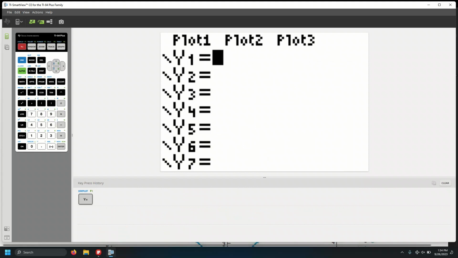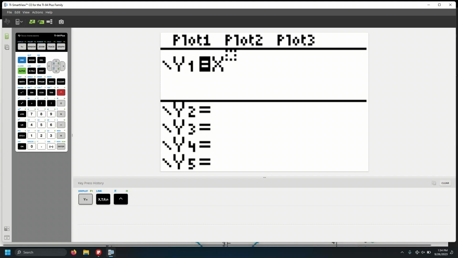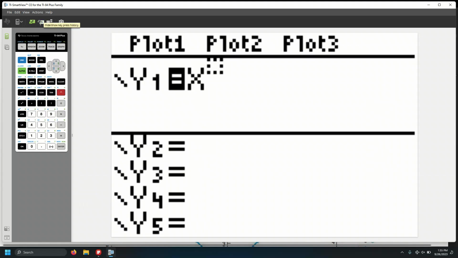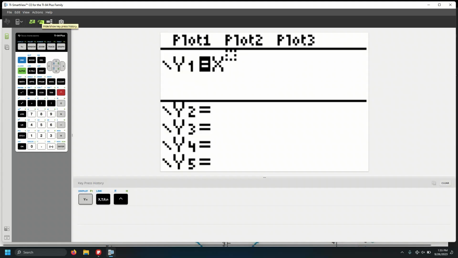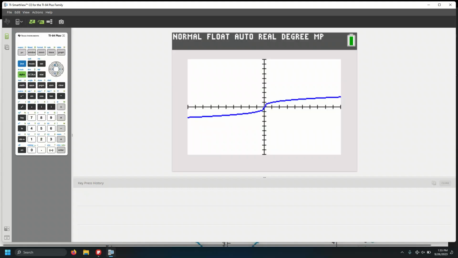So x raised to, no, it's still going to do the power anyway. I don't think there's a, no. Anyway, let me change my version back to the CE. Oh, come on, it's not changing. Anyway, there you go. So you may need to do that for the older calculators.